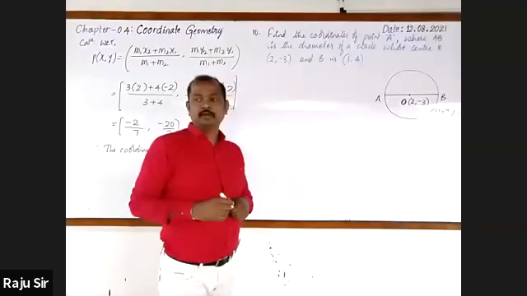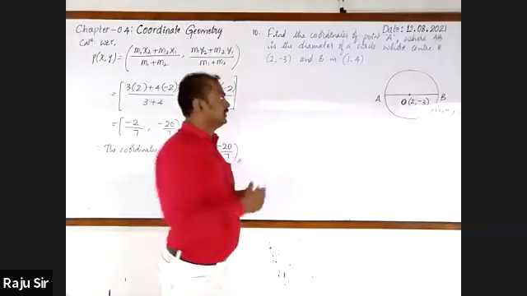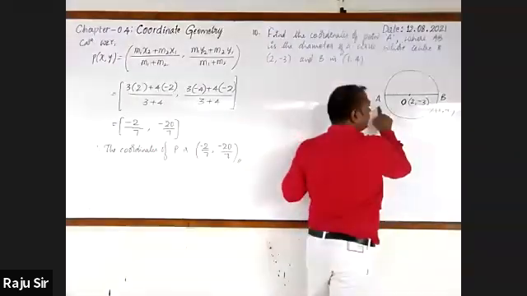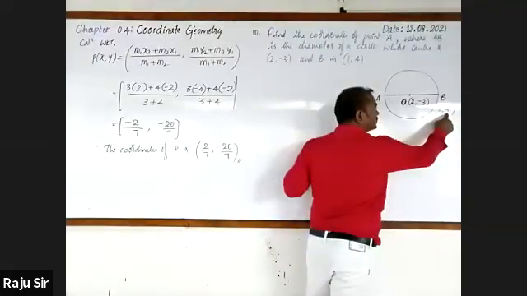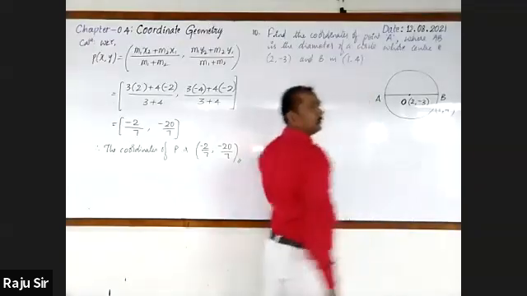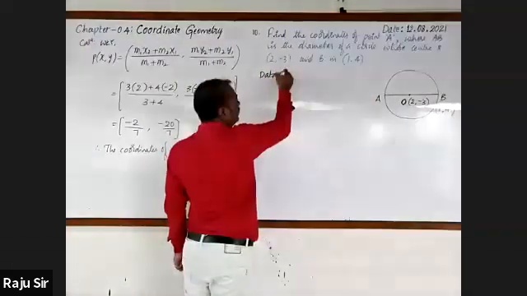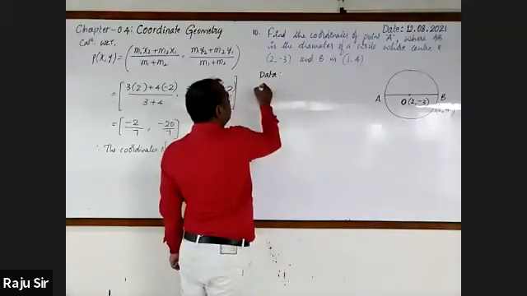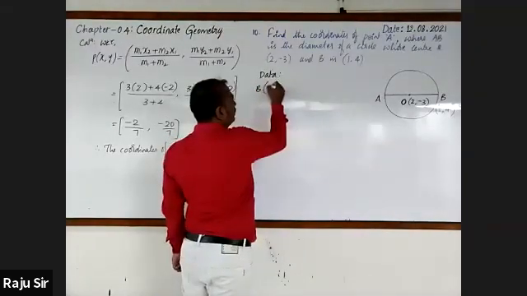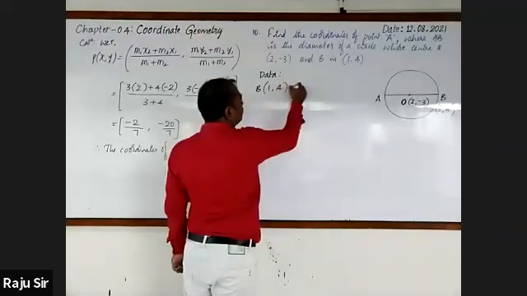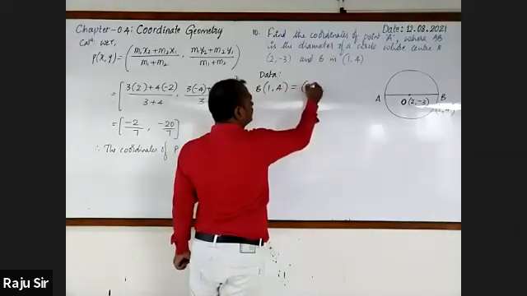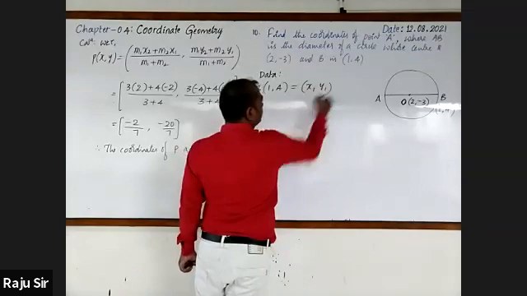Followed? Here this is x1, y1, and this is x2, y2. This is x, y. B of 1, 4, you call it x1, y1.